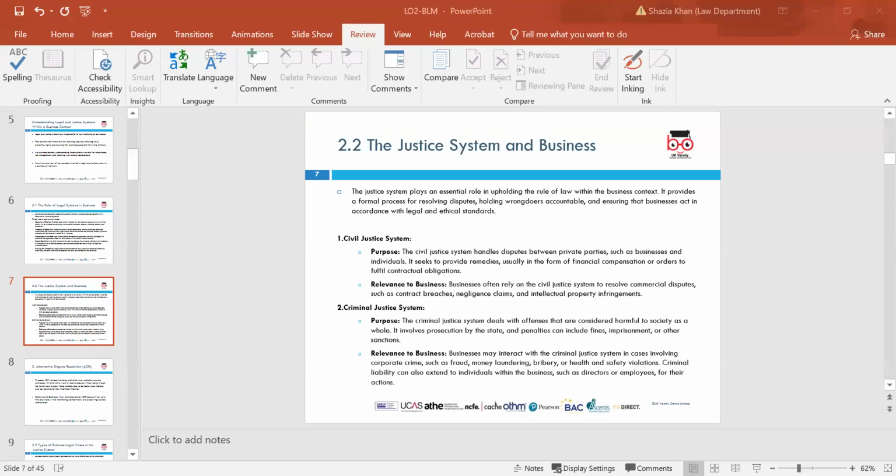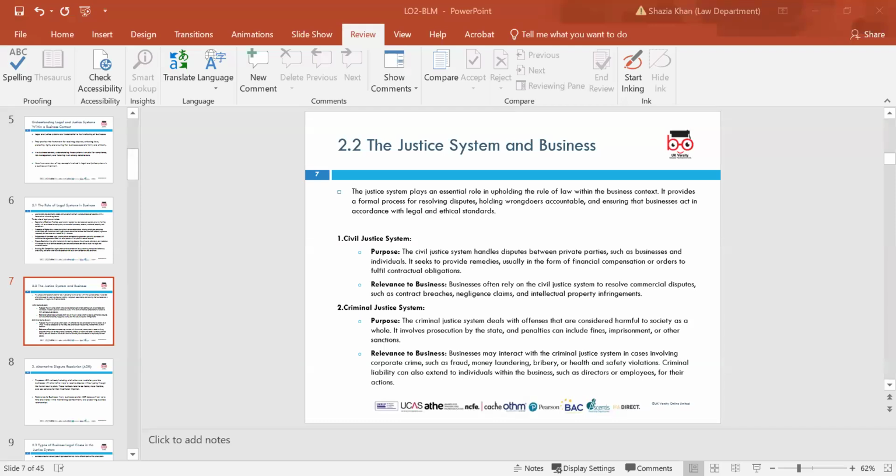The relevance to business is that it relies on the civil justice system to resolve any commercial disputes. It may be breach of contract, it may be employment law, or any injury disputes happening within the workplace. And then we've got criminal justice, which relates to offences and breaches that negatively affect society as a whole rather than one person.